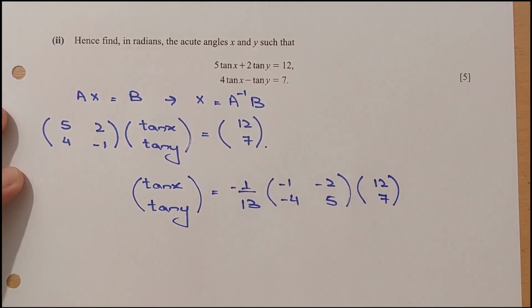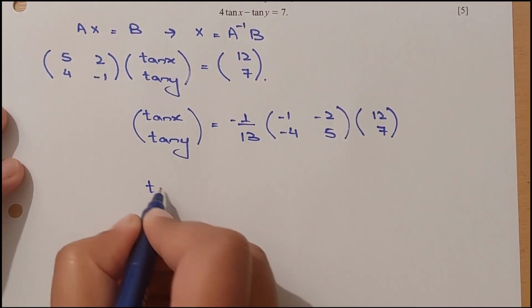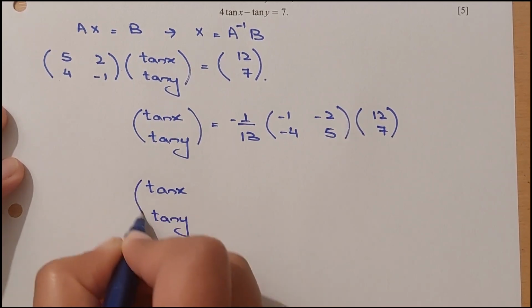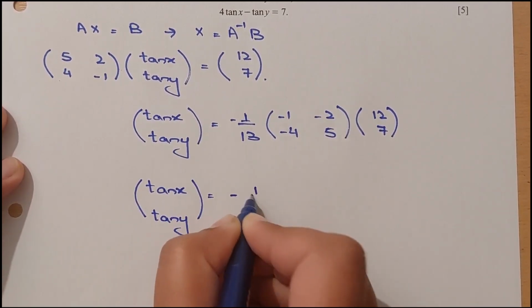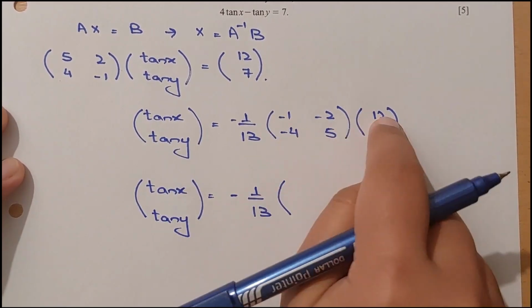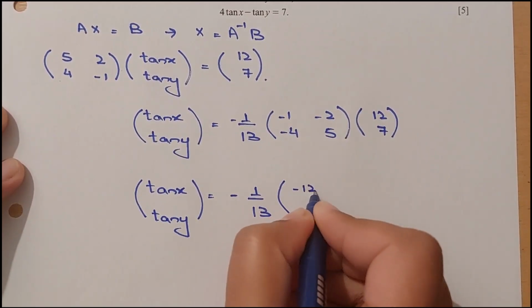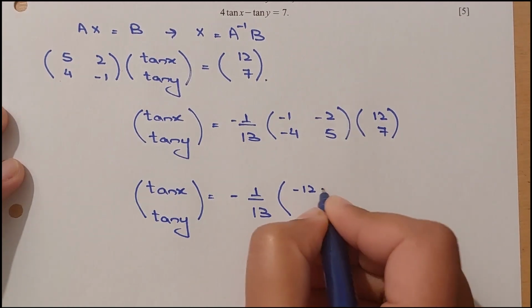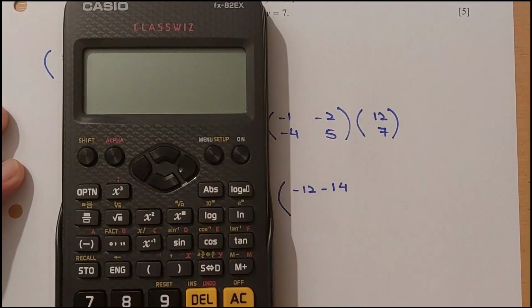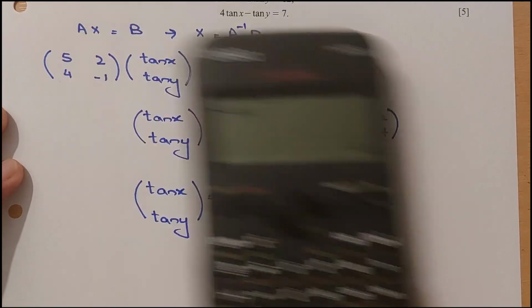Let me simplify this side. So tan x, tan y equals -1/13. Row is multiplied with column. 1 times 12 is -12. 2 times 7 is 14, so -14. -4 times 12 is -48.